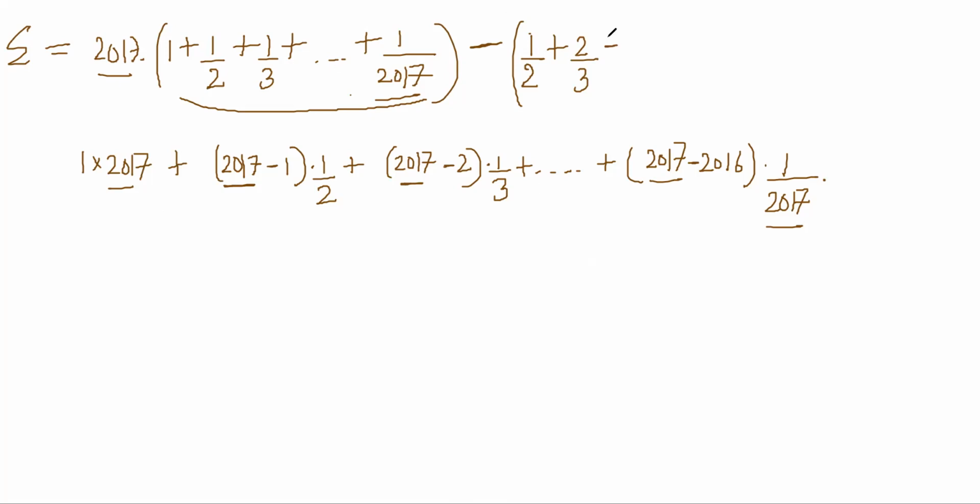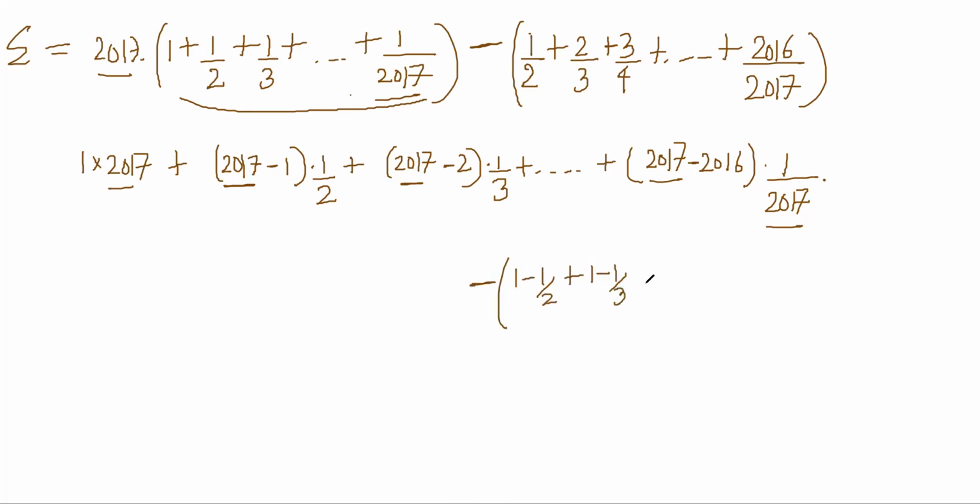Finally it will be plus 2016 by 2017, right? It's easy now. So this is 1 minus half, 1 minus 1 by 3, 1 minus 1 by 4, right? So it is minus 1 minus half plus 1 minus 1 by 3 plus 1 minus 1 by 4 plus so on plus 1 minus 1 by 2017, right?